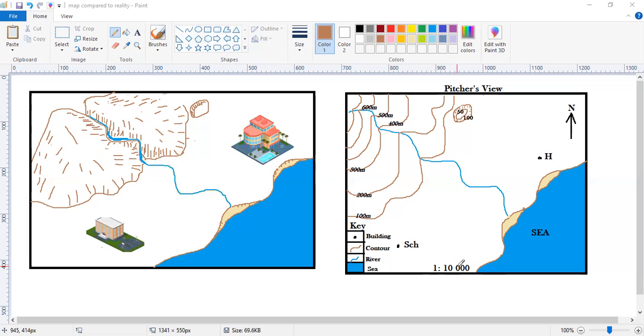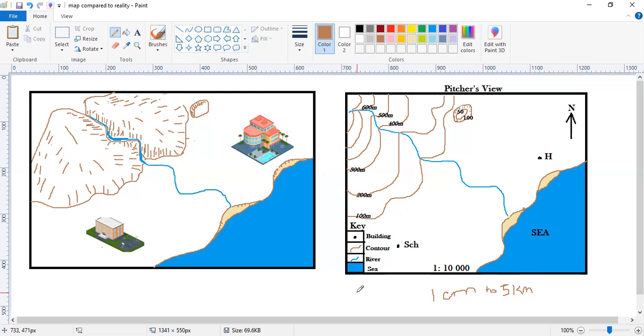If we look at this scale, this is just one of the 3 main types of scale. This is a ratio scale. There is also what is called a statement scale. For example, you could have 1 centimeter to 5 kilometers. That would also be a type of scale, but this is a statement scale.